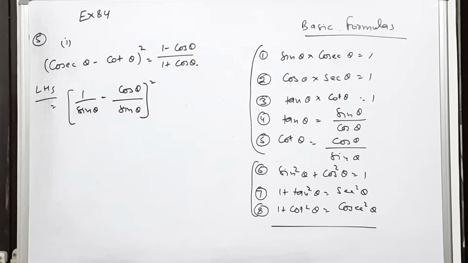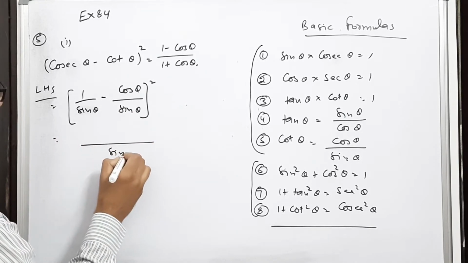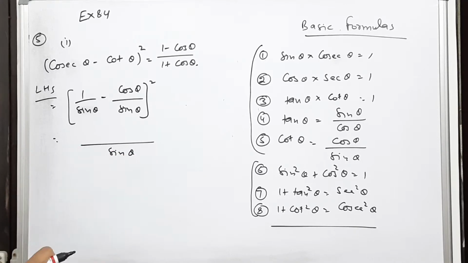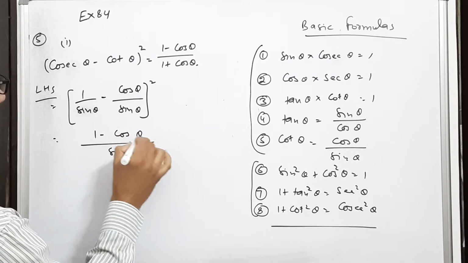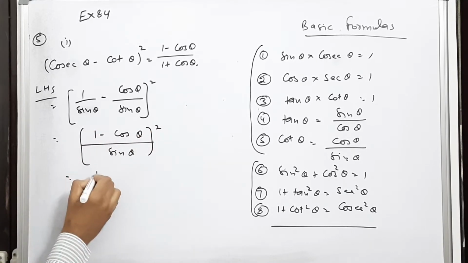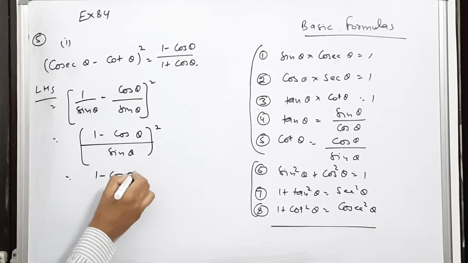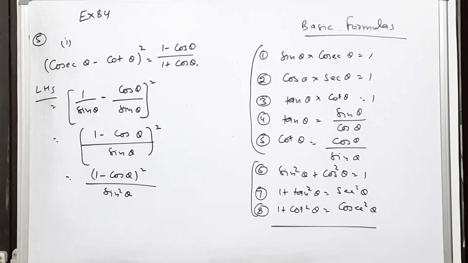See this part. Now take the LCM. The LCM is sin theta, not sin square theta. So it is 1 minus cos theta, and again it is whole square. If you separate, 1 minus cos theta whole square, and the denominator will be sin square theta.